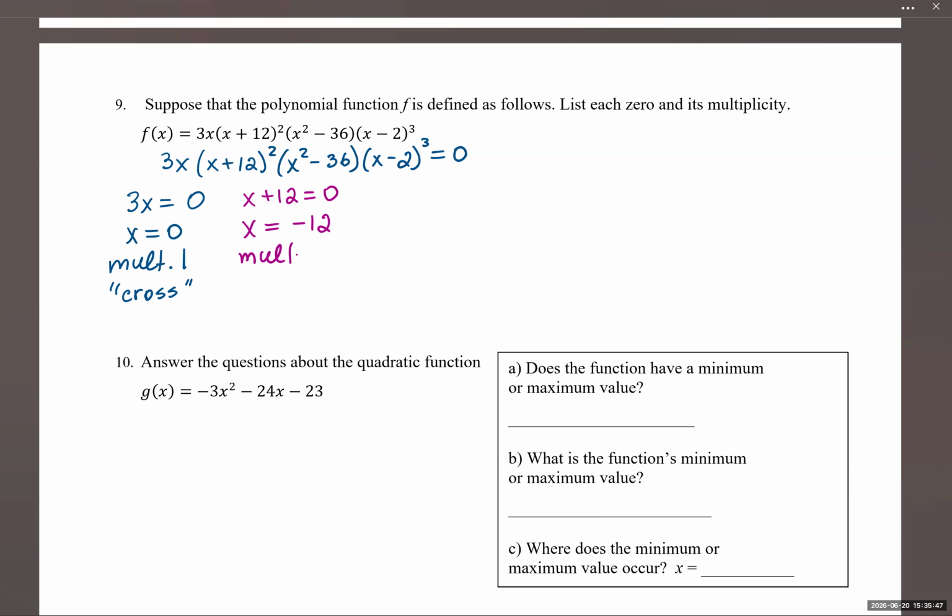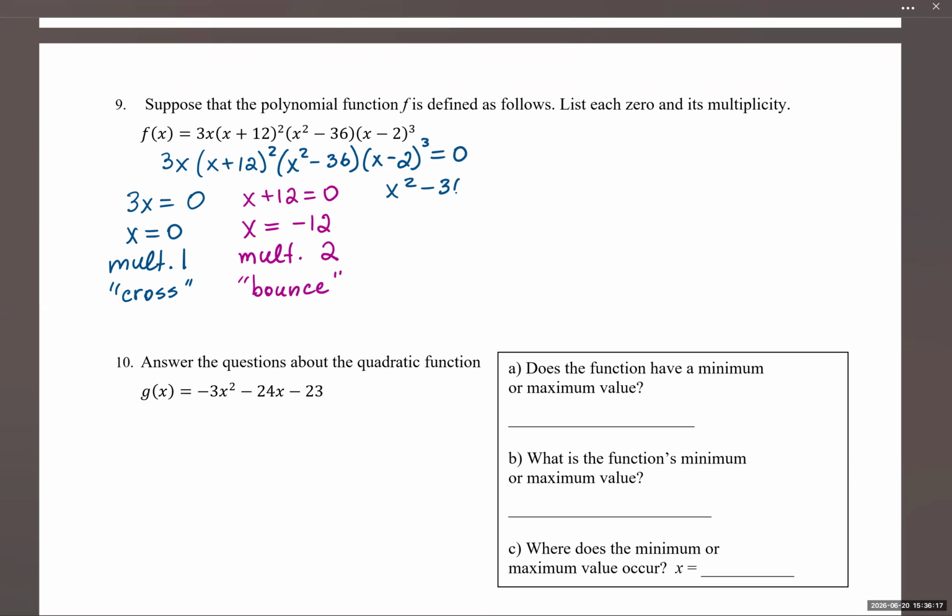Because the parenthesis was squared, it's technically two of them: (x plus 12) times (x plus 12). So multiplicity is 2. Even multiplicities do not cross the x-axis. They touch it and turn away. I like the term bounce because it's very visual. We've all bounced a rubber ball against the wall or against the floor, and that's what it looks like. It just bounces off.